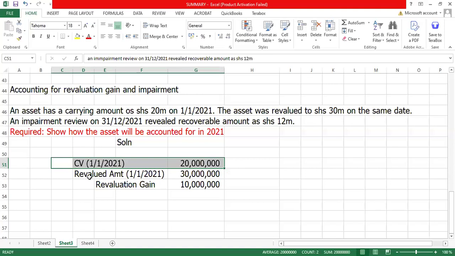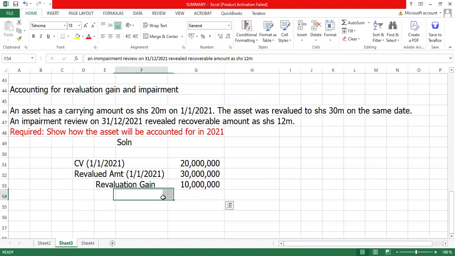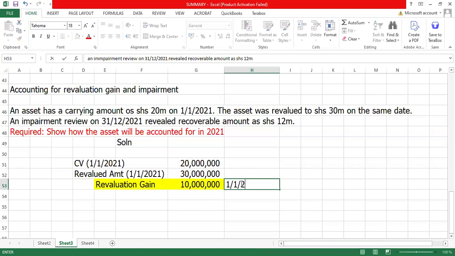The carrying value is this, but the revalued amount means that now the value of the asset has increased, and if you revalue here, you immediately get the revaluation gain. All that is on 1st January 2021.